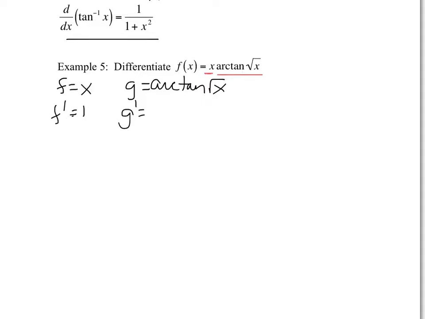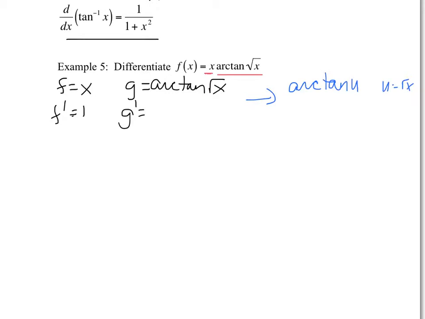Since this has a square root of x, I realize that we've got to use the chain rule to find this, because it's not just arc tangent of x. So I'm going to go off to the side here and do the chain rule. The outside function is arc tangent of u, and u is equal to the square root of x.